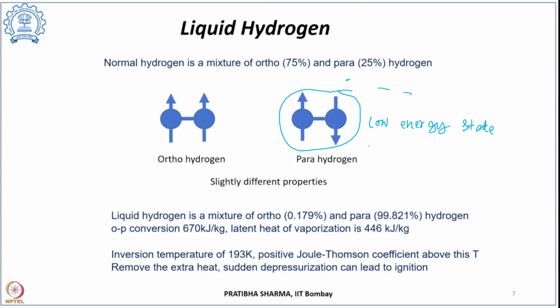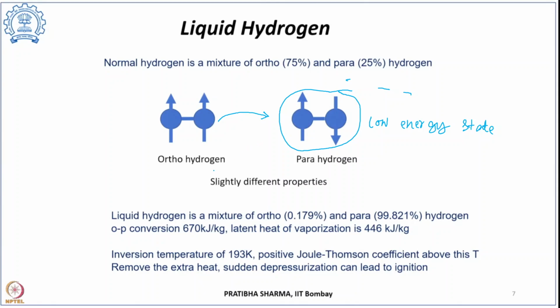During the conversion from ortho to para hydrogen, some heat energy is released. It is an exothermic process.